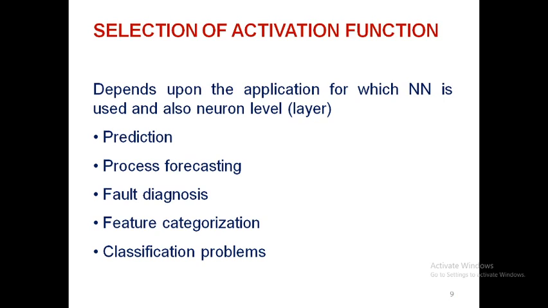Generally, for applications like prediction, you may have one kind of activation function we have to use. For process forecasting, for fault diagnosis, for feature categorization, classification problems, these are the different types.